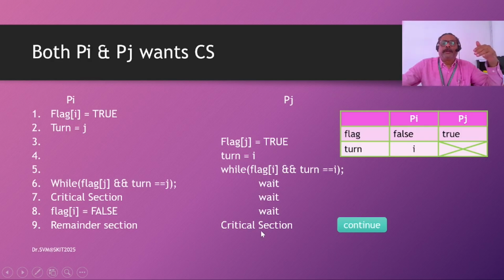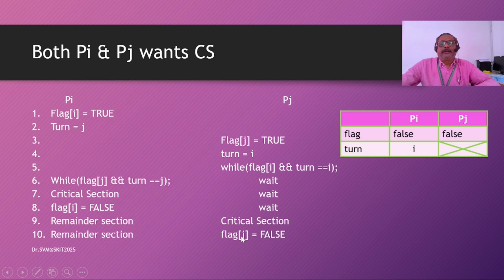Once the while loop breaks, Pj gets into its critical section, and finally Pj sets its flag to false once its critical section is over. And on the other side, let Pj get into the critical section; we don't mind, Pi is doing its other routine activities where it doesn't need any shared resources, therefore it doesn't have to enter the critical section.